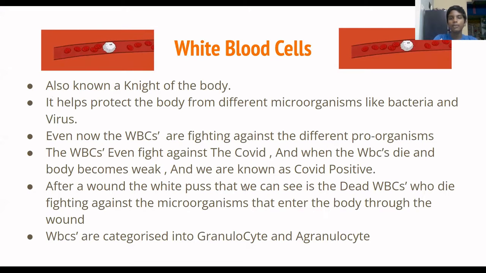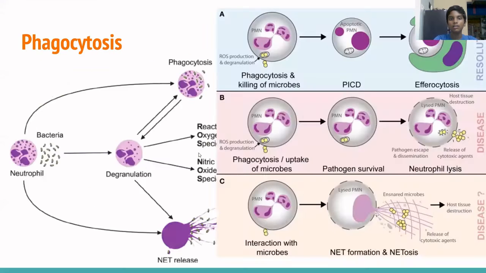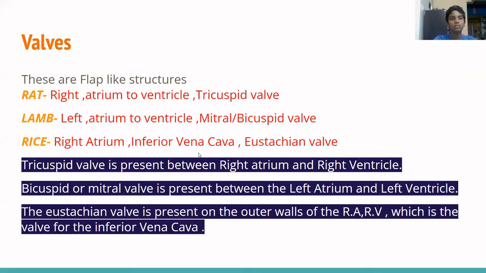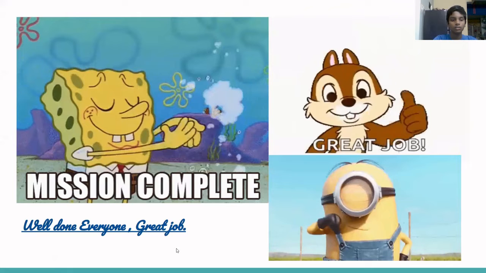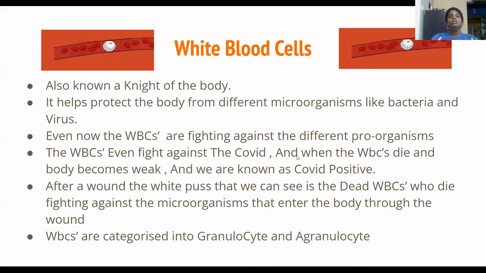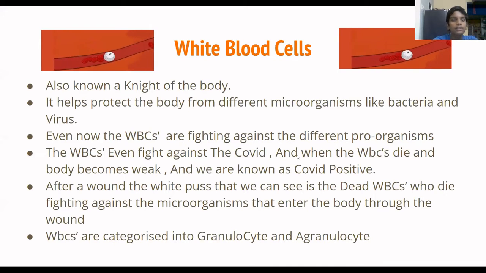In this GIF, you can find white blood cells. They are also known as the knight of the body. They help in protecting the body from different microorganisms like bacteria and viruses.